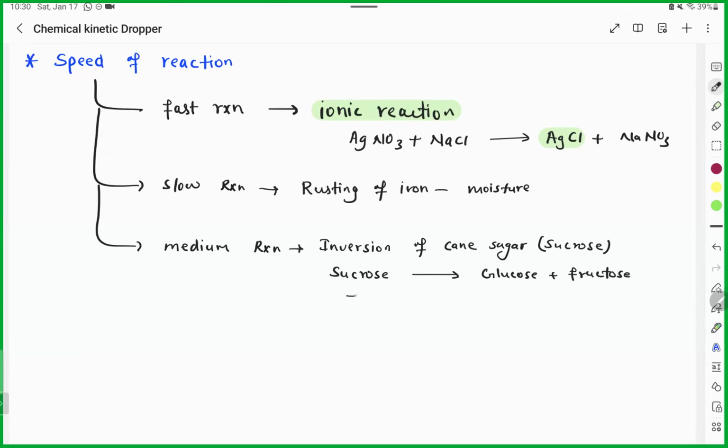If you see, sucrose is dextrorotatory. Glucose is positive and fructose is negative, and fructose is overall more. So overall, the glucose and fructose products are negative and the reactant is positive. So there is an inversion of configuration, which converts from positive to negative. Inversion of configuration.